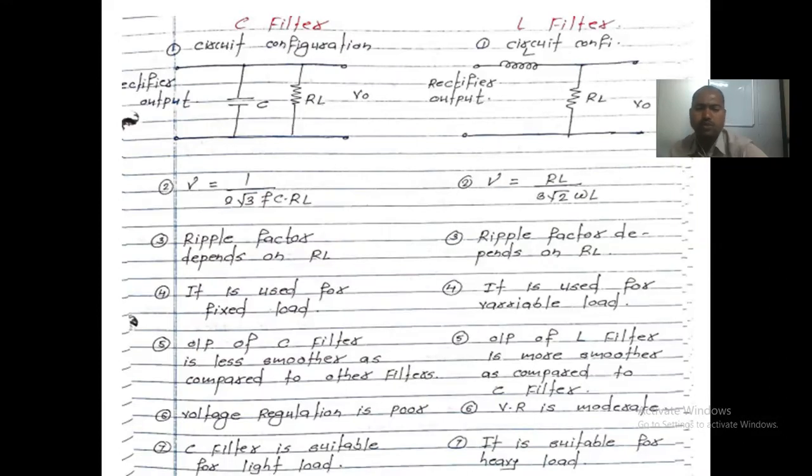Voltage regulation is poor for the capacitor filter. What does it indicate? Regulation indicates the changes or fluctuation in the voltage coming at the output. In the capacitor type of filter, the fluctuation is more, which indicates that the output performance is poor.